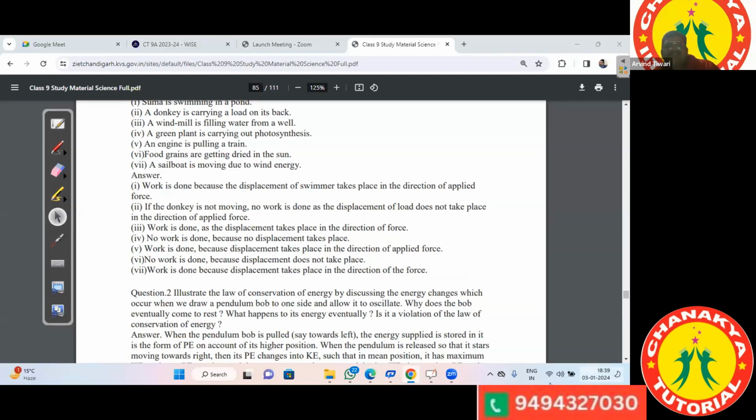Siddhisri, can you explain this question? Illustrate the law of conservation of energy by discussing the energy changes which occur when we draw a pendulum bob to one side and allow it to oscillate.